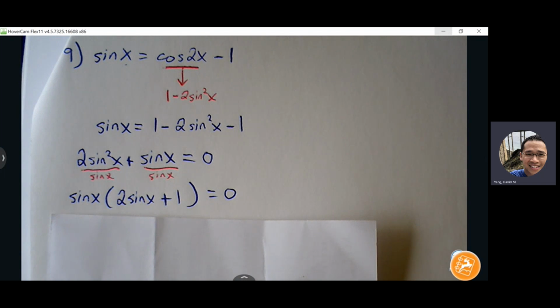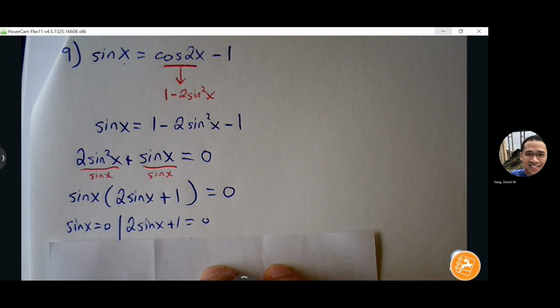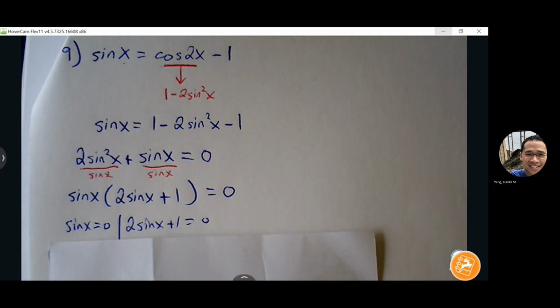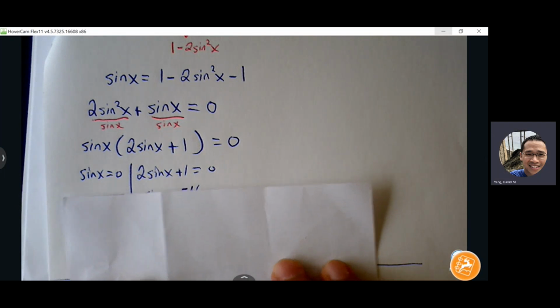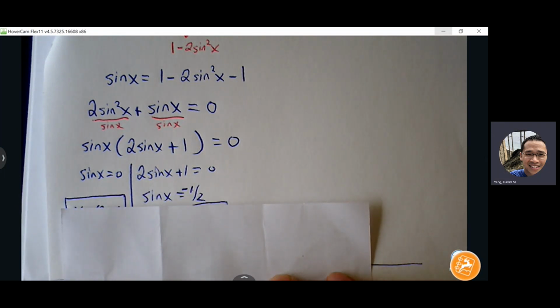So once I factor that sine x, I'm really dividing my original 2 terms by sine x, and whatever is left over goes inside my set of parentheses. Okay, so now in factored form, we can set both parts equal to 0. Sine x equal to 0, sine x equal to negative 1/2.